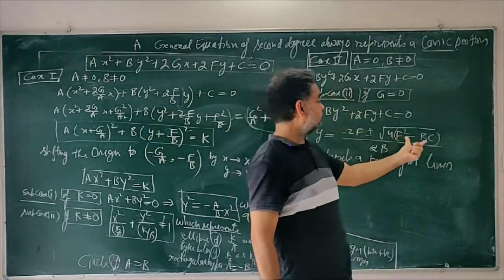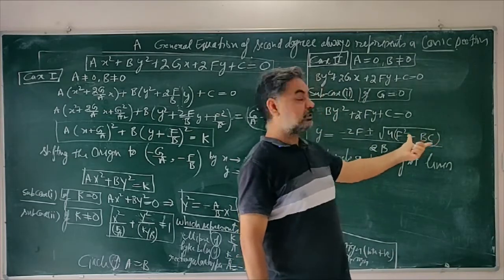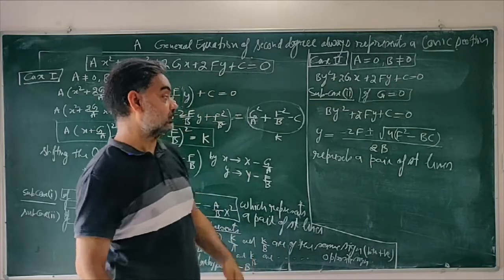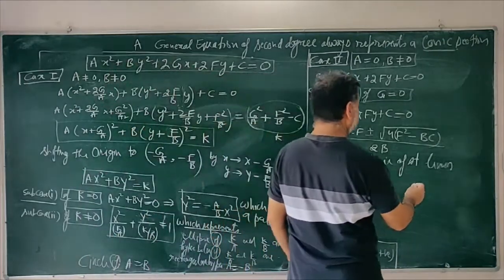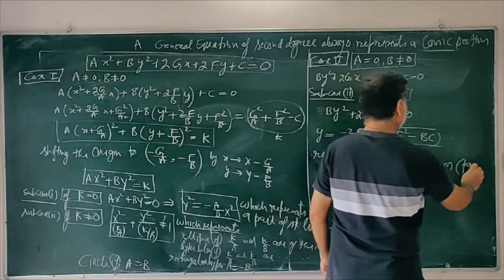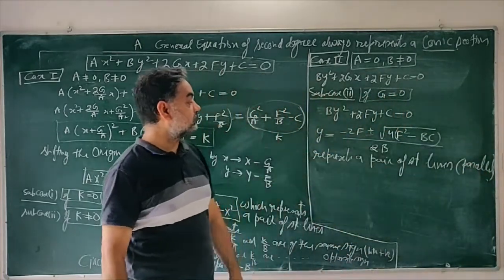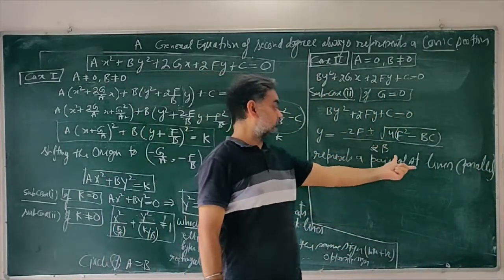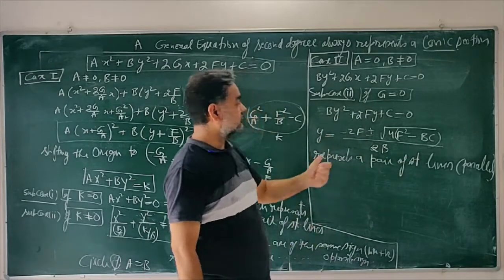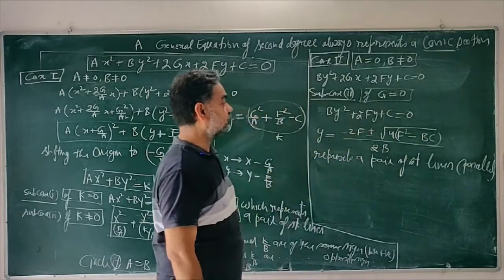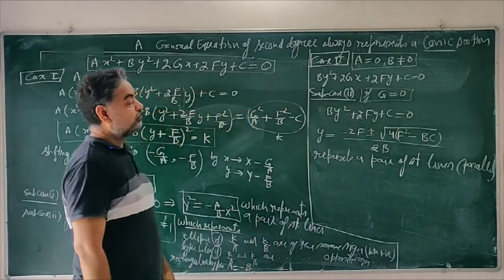If f square minus bc is positive, then this is a real pair of parallel lines, right? If f square minus bc is positive, then this represents real parallel lines. If f square minus bc is negative, then you have an imaginary pair of parallel lines.